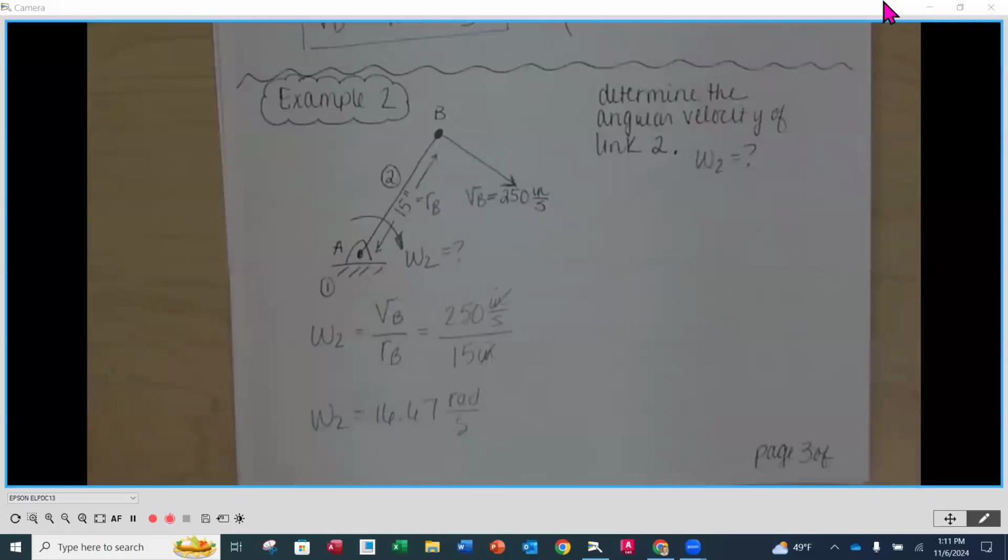Now, they told us they wanted us to solve for an angular velocity. Hear me here. When you are specifying an angular velocity as a final answer, you do not leave it in the form of radians per second. Okay.